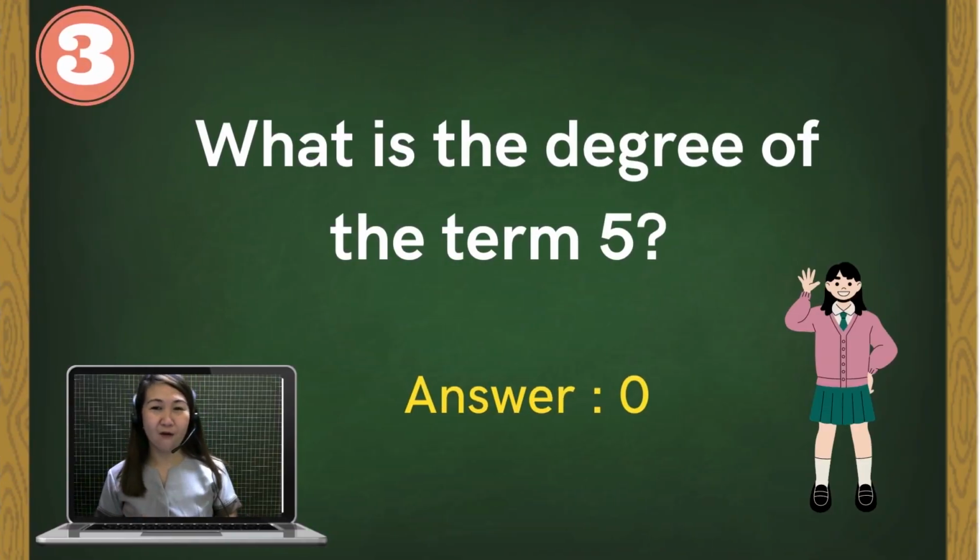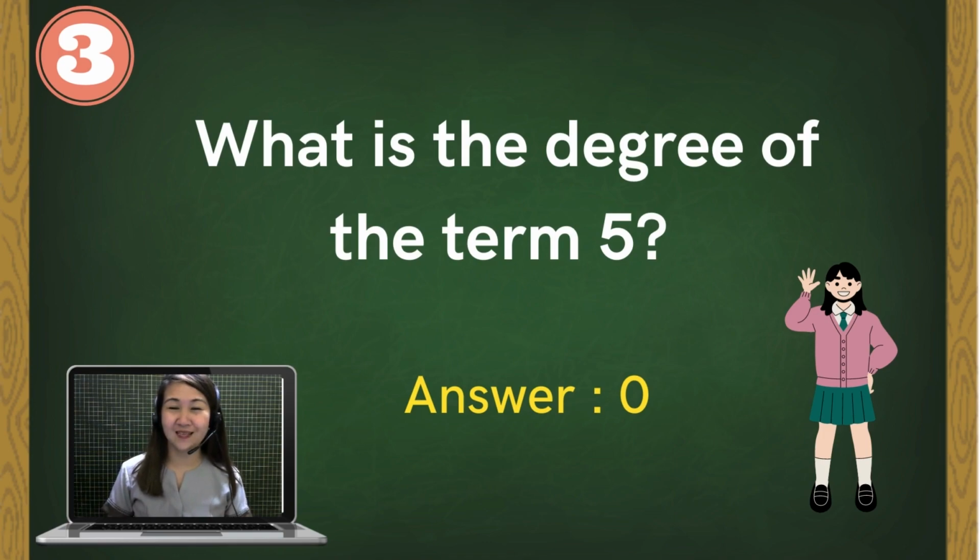And the degree of the term 5 is 0. Remember that the degree of a constant or any number is always 0.